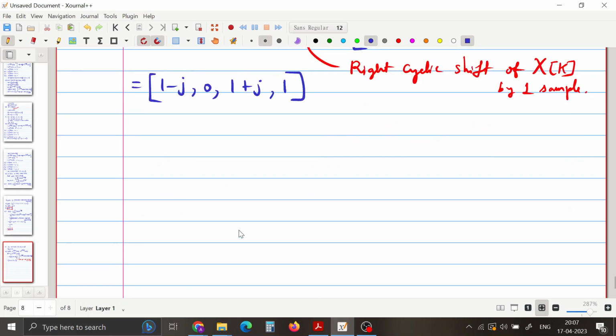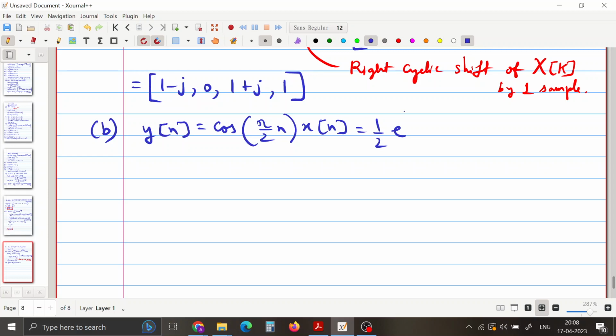Part B, we have cos pi by 2 n times x of n, and this is nothing but half e power j pi by 2 n x of n plus half e power minus j pi by 2 n x of n.